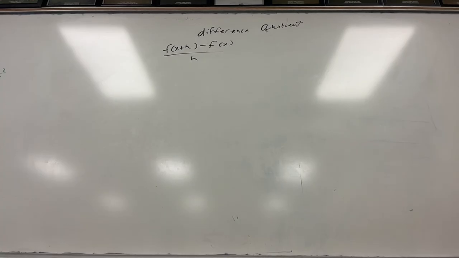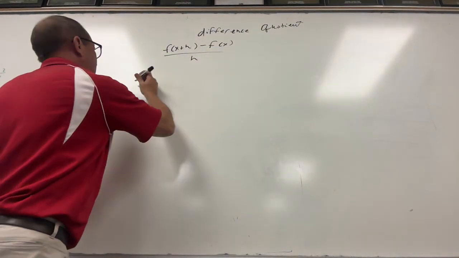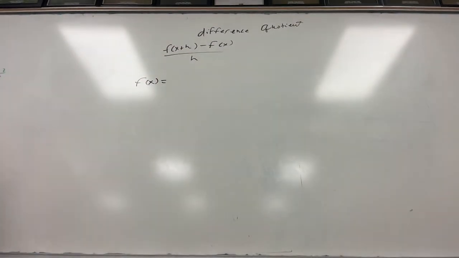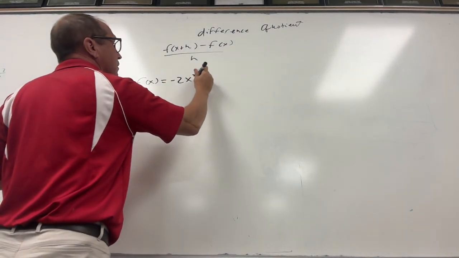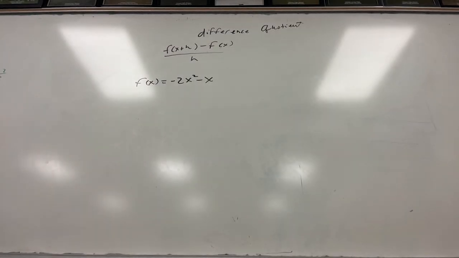And the f of x plus h, we're going to treat a whole lot like we did this f of x plus 2 that we dealt with earlier on. So we're going to figure the difference quotient out for f of x equaling negative 2x squared minus x plus 3. Yeah, just plus 3.